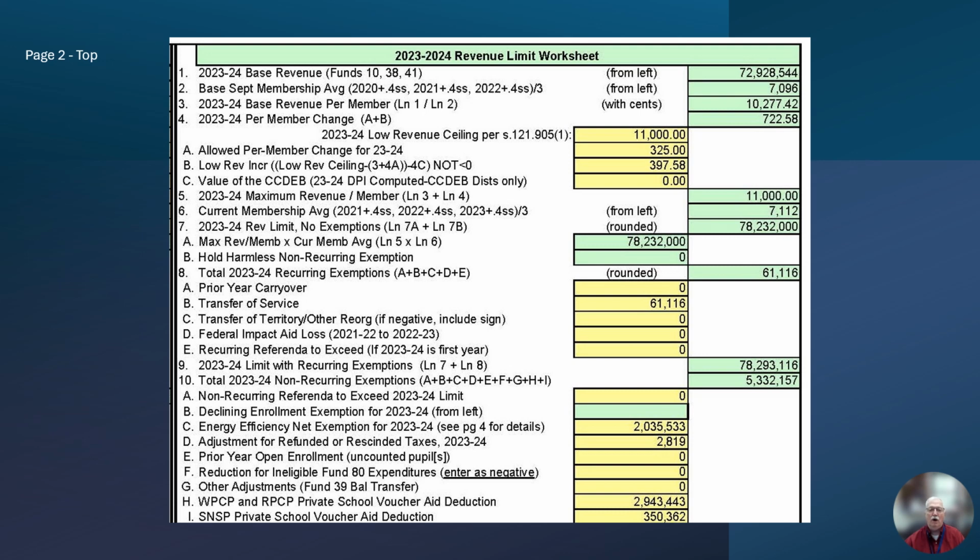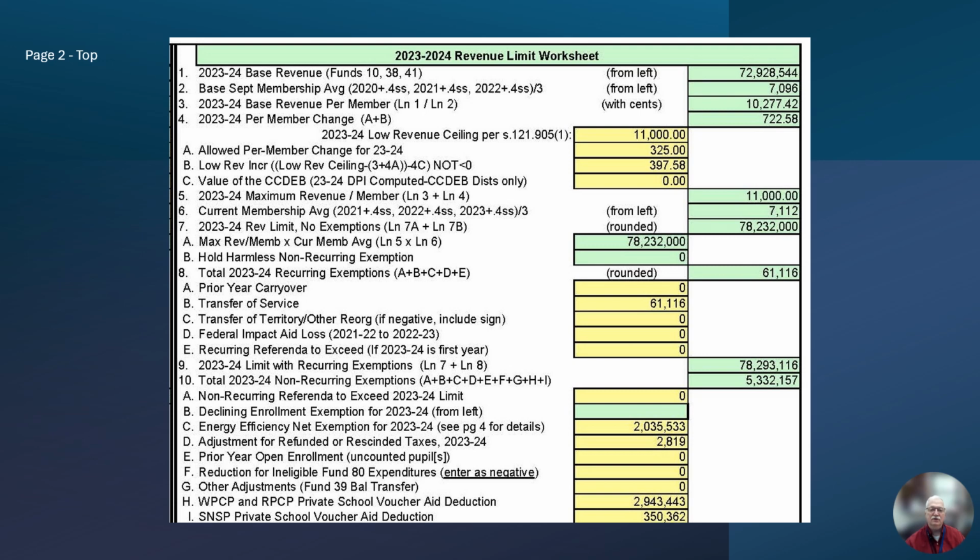We begin on line 1 with the prior year base limit of $72,928,544, which is divided by the prior 3-year rolling average of 7,096, found on line 2, to generate a 2023-24 revenue base per member of $10,277.42.